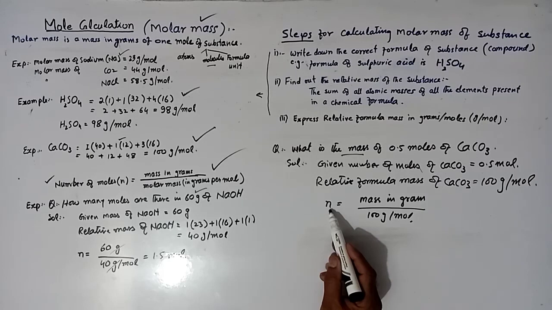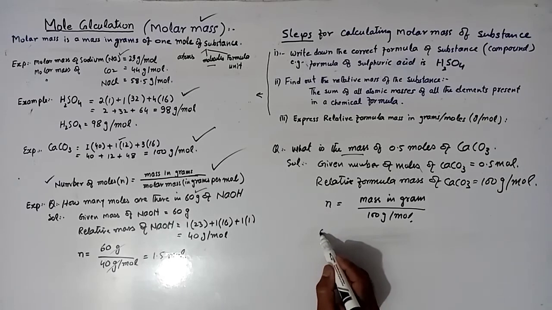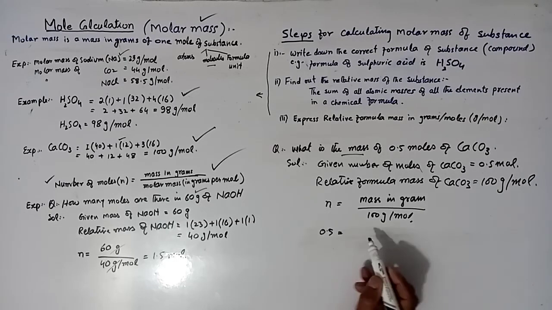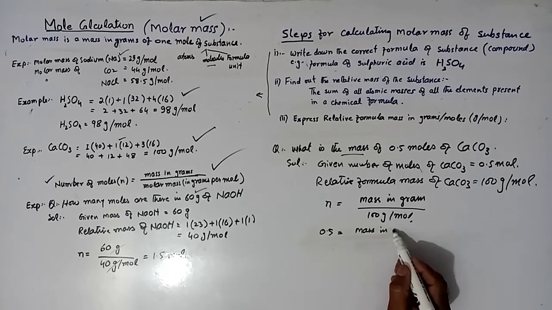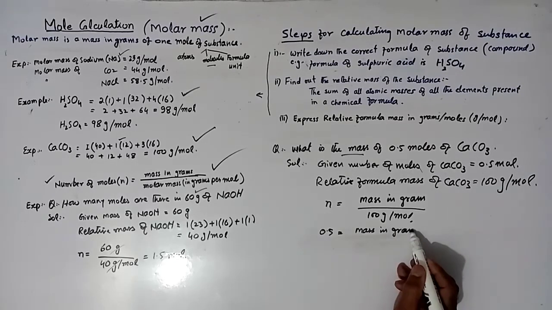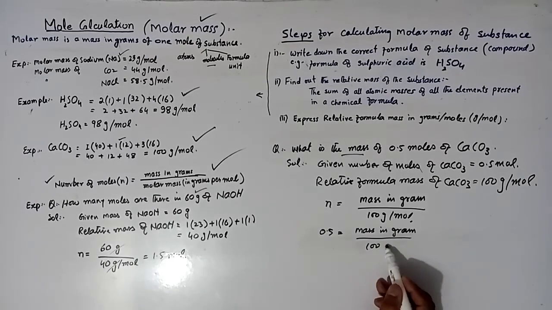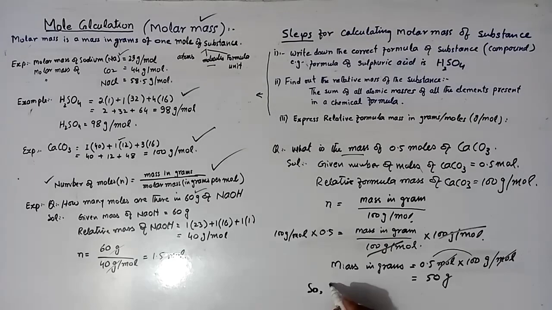The number of moles is 0.5, equal to mass in gram divided by 100 grams per mole. These are the values. So the mass of calcium carbonate will be 50 grams.